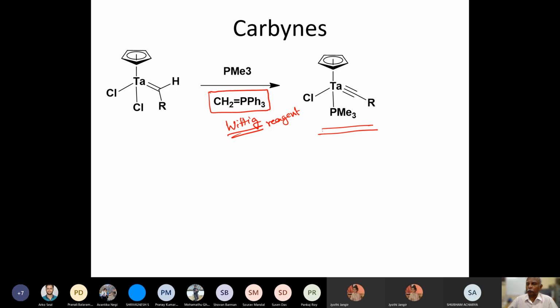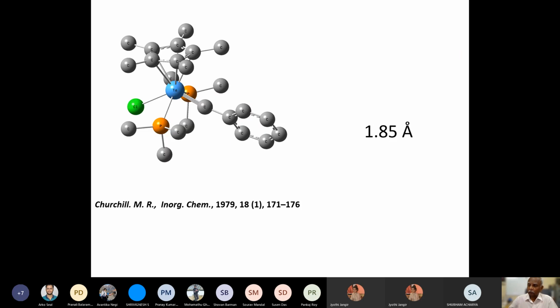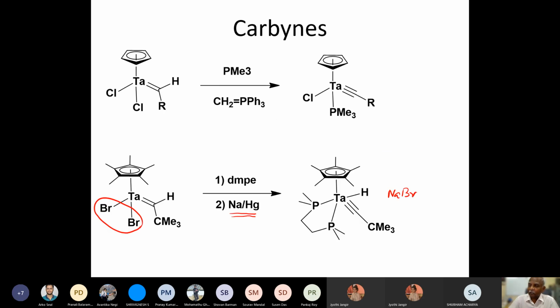So this will have CH3PPh3 plus Cl minus as another product. The bond distances in carbynes are less than carbenes, as you would expect, and here is one more method of doing it, mimicking these molecules. This we have already seen.